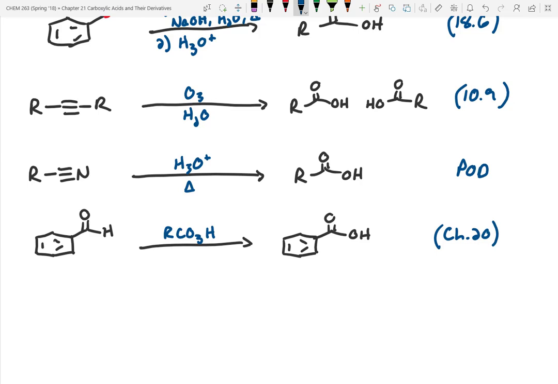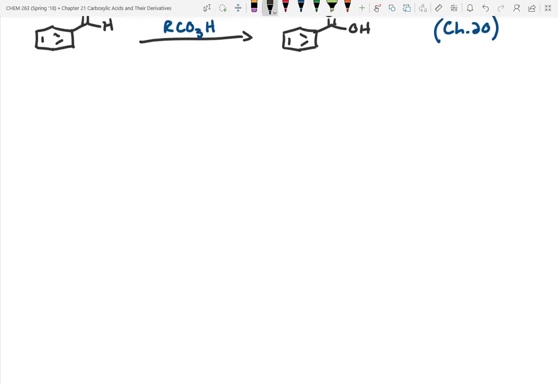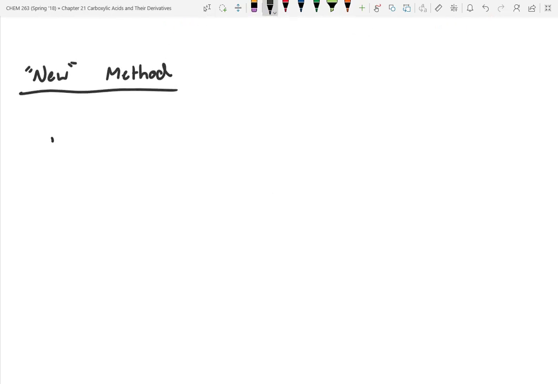All right, there's a new method I wanted to show you that's really useful. And it's actually one you probably know how to do already in terms of its mechanism. And that's using a Grignard reagent. So if you look at this transformation, we're starting out with the Grignard reagent, and we're making it into a carboxylic acid.